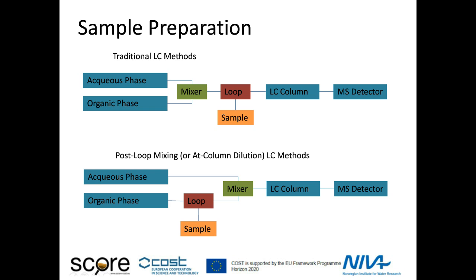The only thing you need to be aware of is that you need to allow time for your loop to be loaded onto the column, and that does take longer, because not all of the flow from the LC system, so if your total flow of your LC system is 1 mL/min, only part of that 1 mL/min is accounted for by the organic phase, say 10%. Then that means it's only 100 microliters a minute, and that may take longer to flush the loop out than it would have done if you had the full 1 mL/min going through.